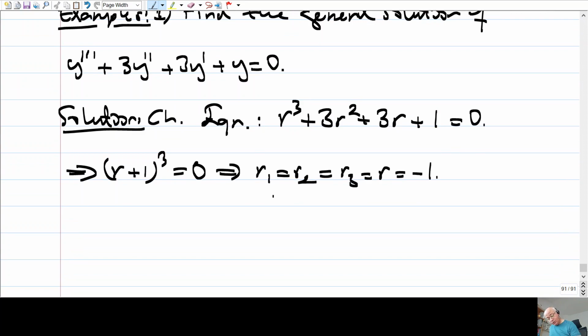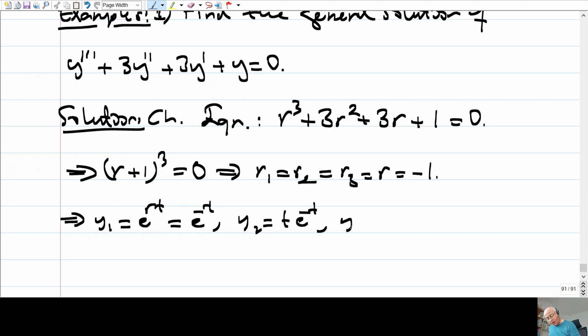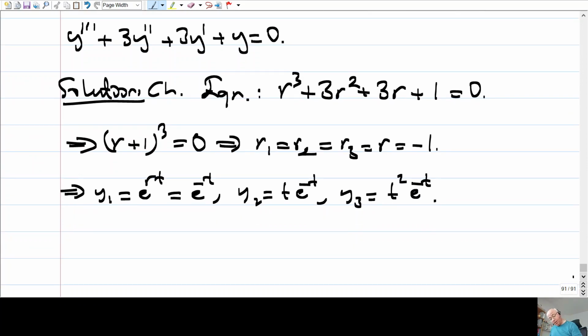And the solutions we obtain are then y1 is just e to the power rt, which is e to the power minus t. y2 is just t times this, and y3 is just t times this, which is t squared e to the power minus t. So these are the solutions.